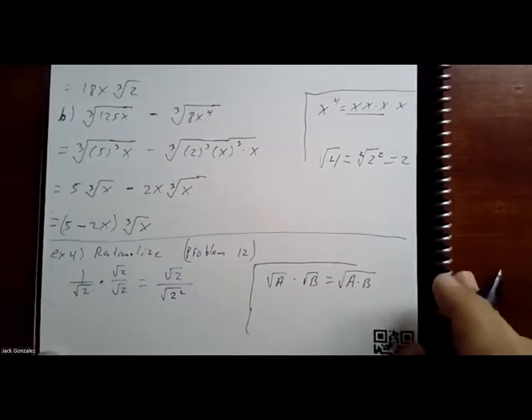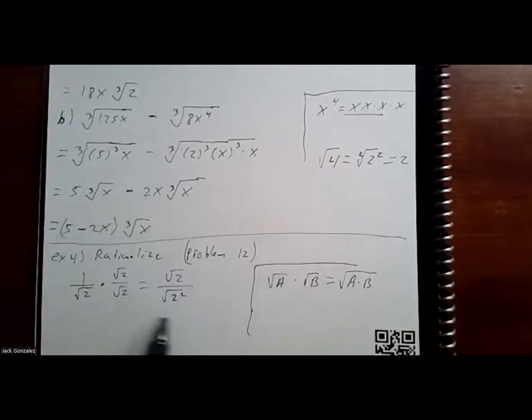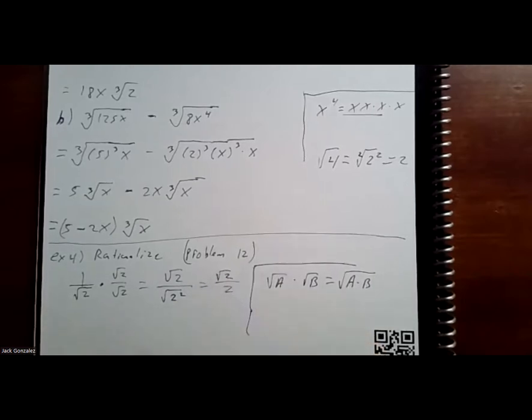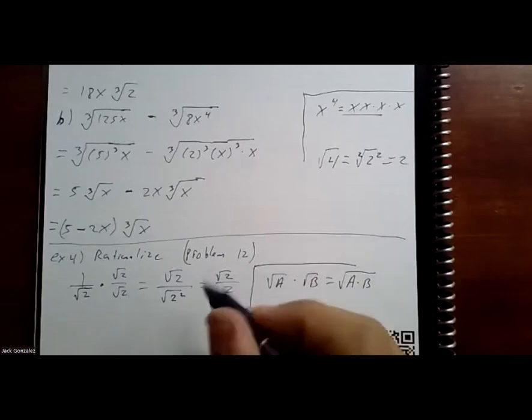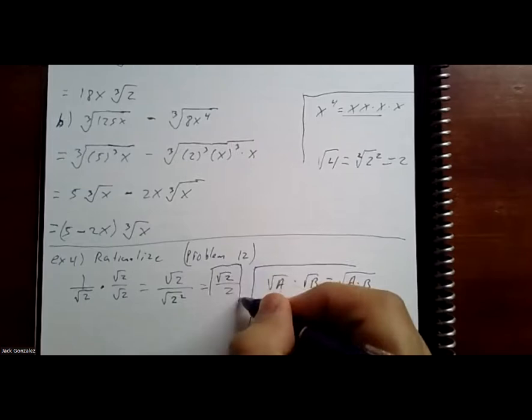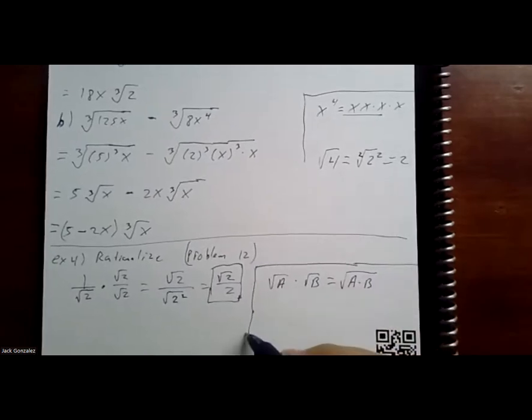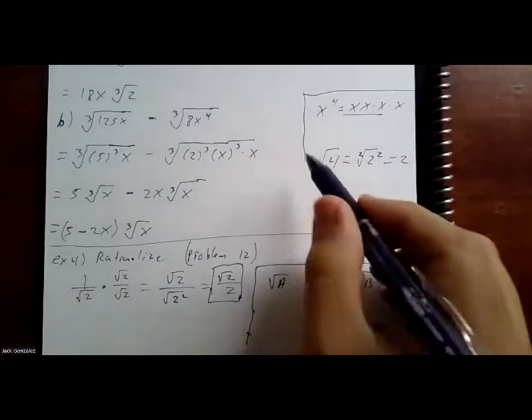You can multiply them together. So root 2 times root 2 is square root of 2 squared, which cancels, right? Gives us square root 2 over 2. So no more square root in the bottom. Anyway, so when you hear rationalize, they're telling you to get rid of that root. Okay.